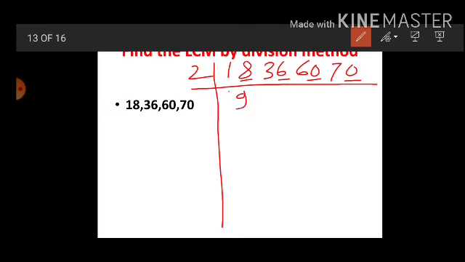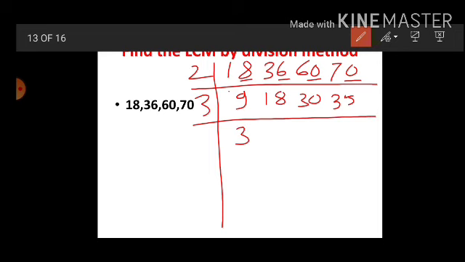2 9s are 18, 2 1s are 2, 2 8s are 16, 2 3s are 6, 2 3s are 6, 2 5s are 10. Again, now these numbers are divisible by 3. 3 3s are 9, 3 6s are 18, 3 10s are 30. 35 is not divisible by 3, so 35 as it is.